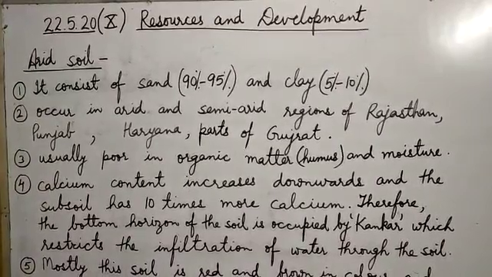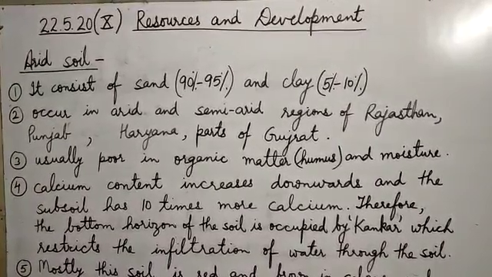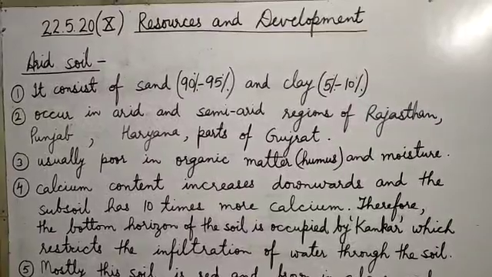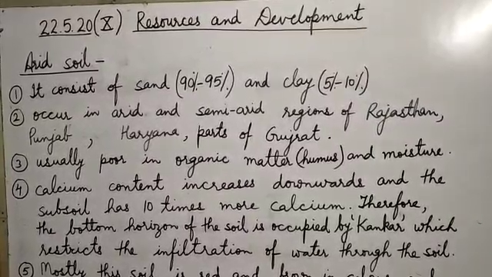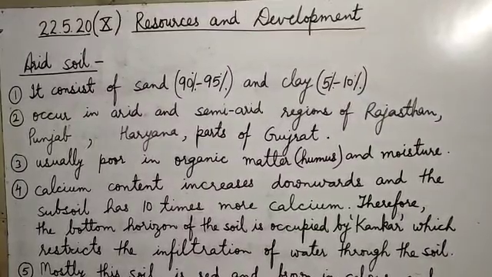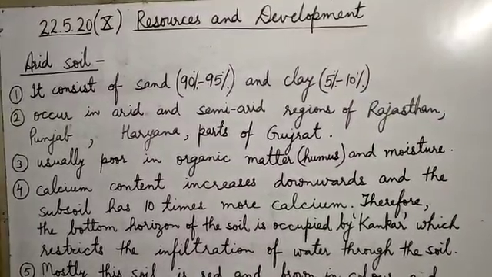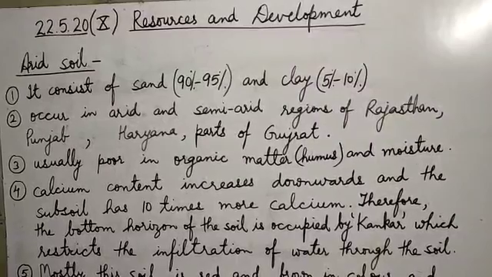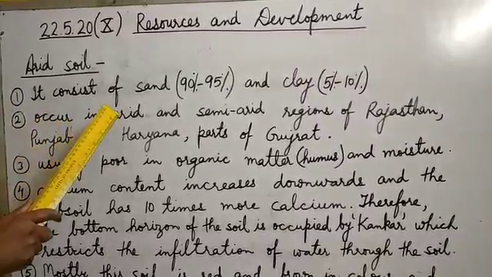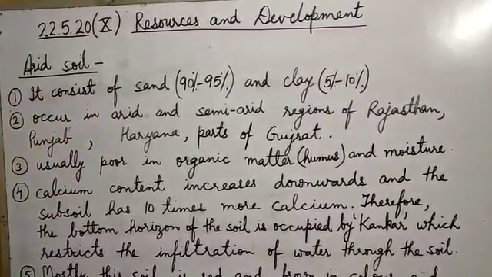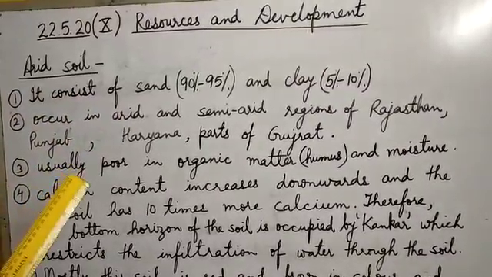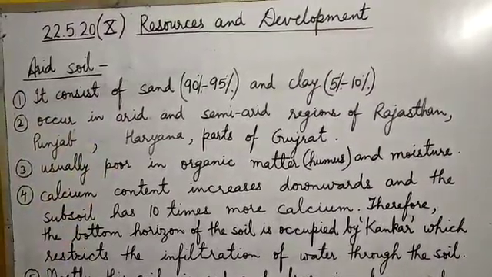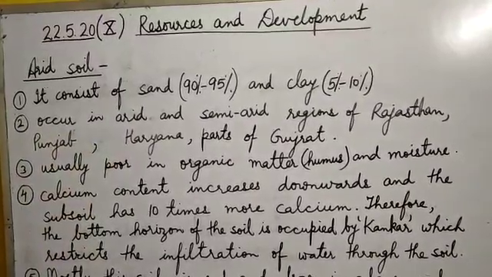In the last class, we had completed laterite soil. We are studying the soils of India: alluvial, black soil and laterite soil. We have finished those. Today, we will take the fourth one, arid soil. Now, arid soil consists mainly of sand, that is 90 to 95%, and clay is only 5 to 10%.